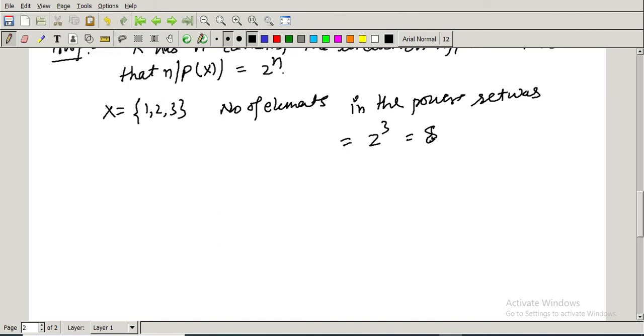Now I'm proving this, right? So now you add a new element, let's say a is equal to 4.